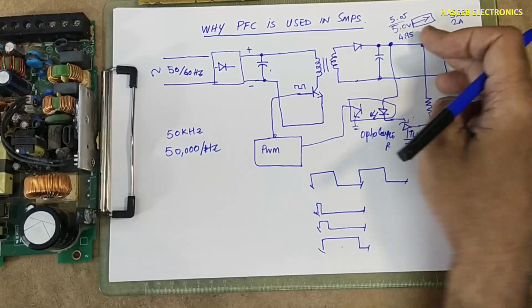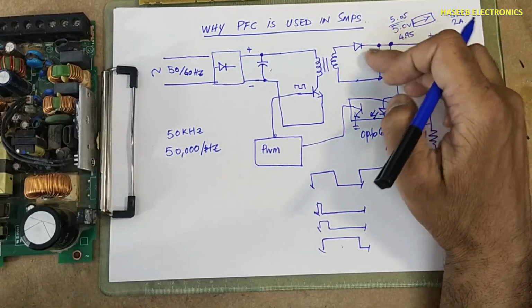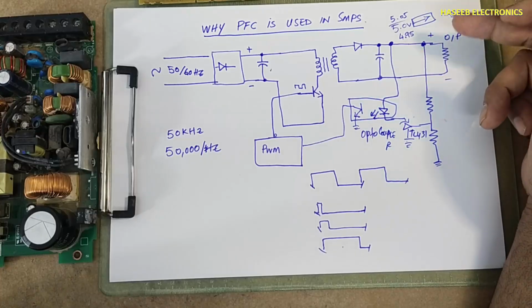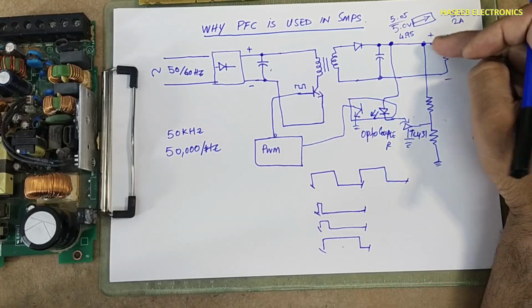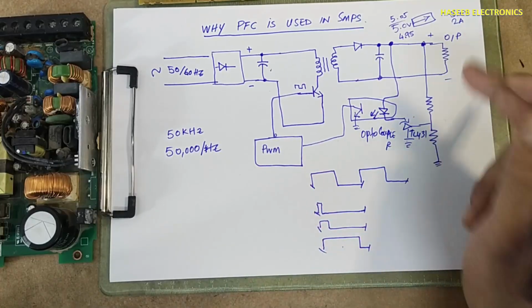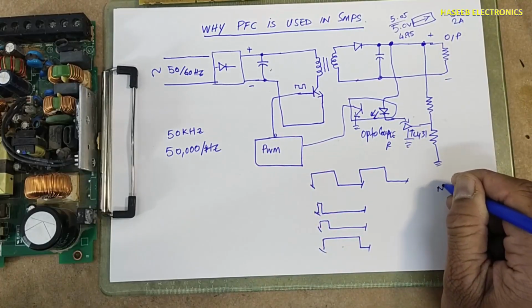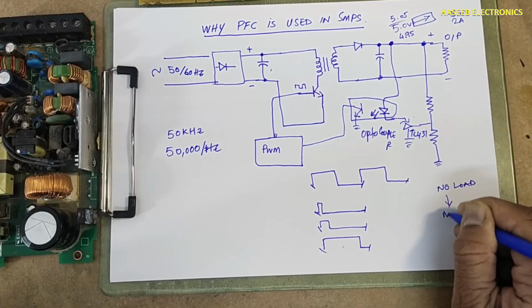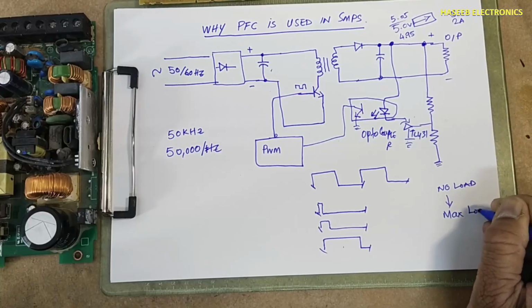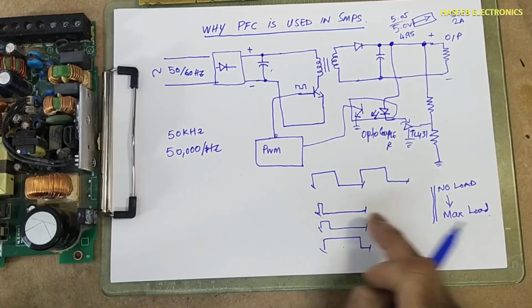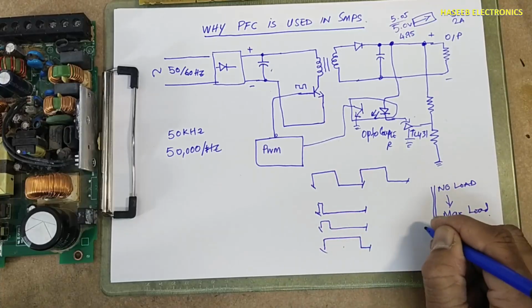Secondary voltage will be rectified, and this is load regulation. When any power supply adjusts its duty cycle based on the load, from no load to maximum load, it is called load regulation.